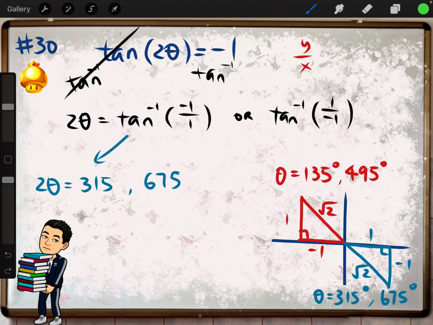So I'm going to go ahead and divide it by 2. But here I'm going to write the 315 and 675 in radians. 315 is 7 pi over 4, and 675 is 15 pi over 4.